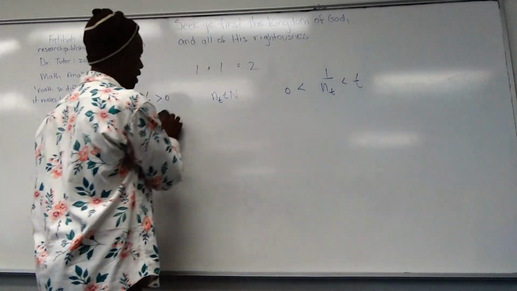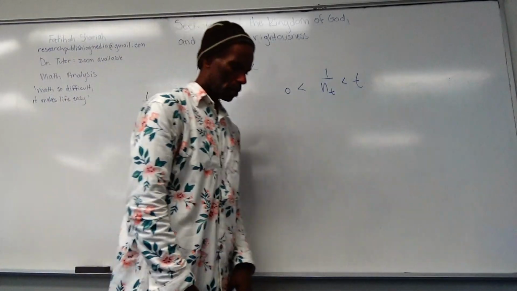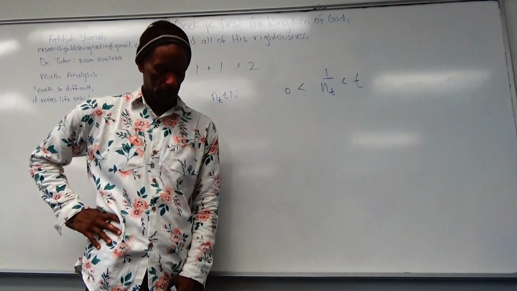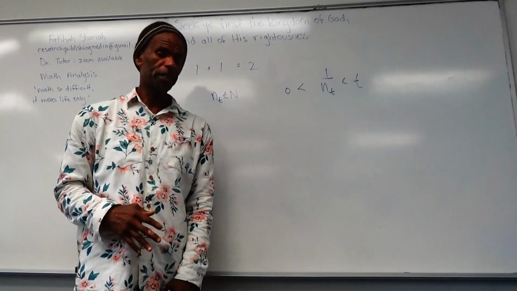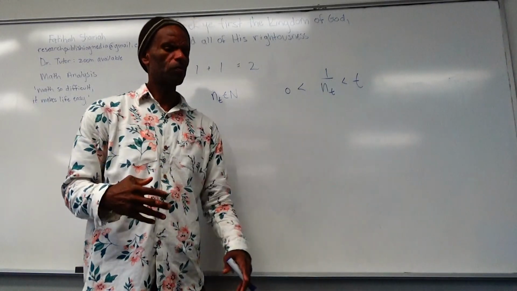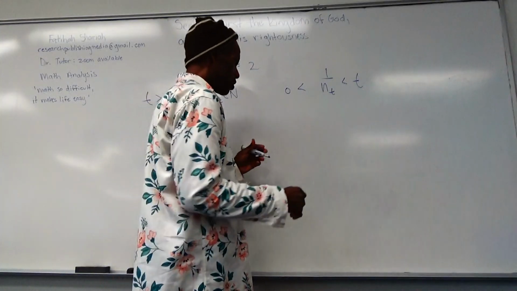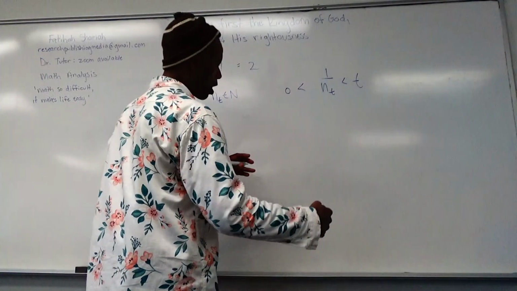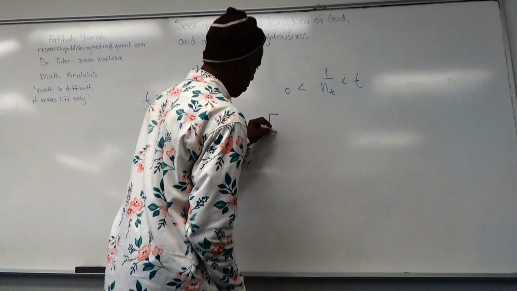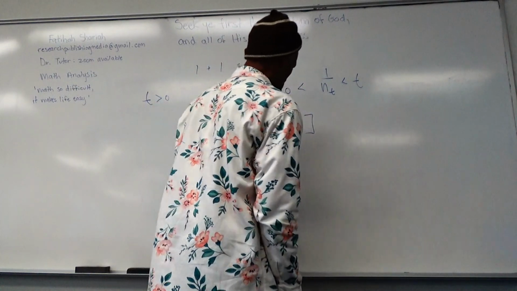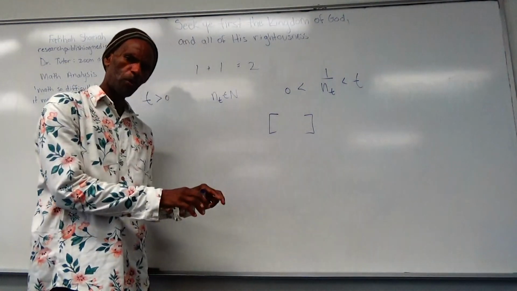Now, let's look at it like this. You have a number set. Say we got something called a closed number set, and you denote a number set that's closed with these square brackets. You might see it on your computer keyboard.